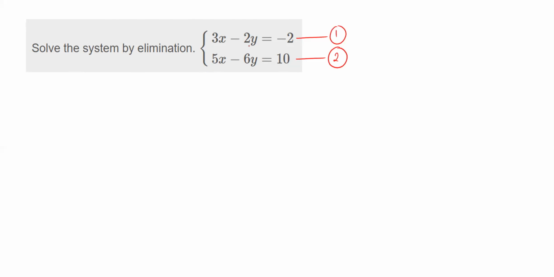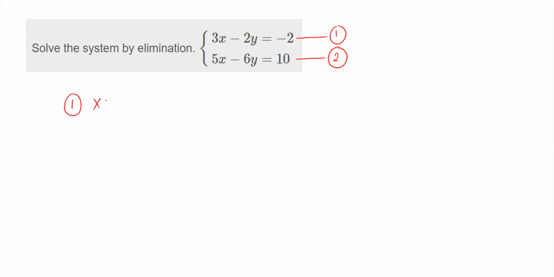They will match. So I can already see that if I multiplied equation 1 by 3, they will match. But there's one more thing missing, opposite signs. So I need a negative and a positive. I have two negatives right now. So if we multiplied by a 3, but not just a 3, but by a -3, we might get opposite signs, and that will help us to eliminate the y.